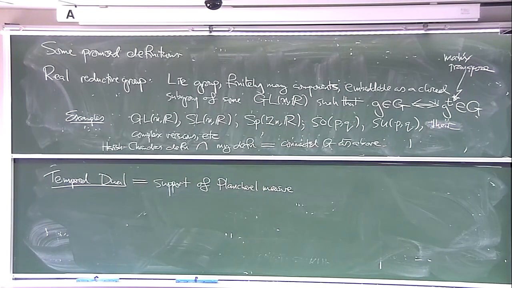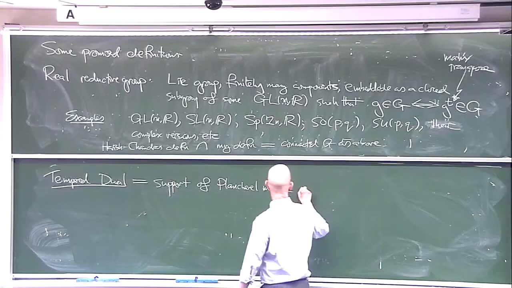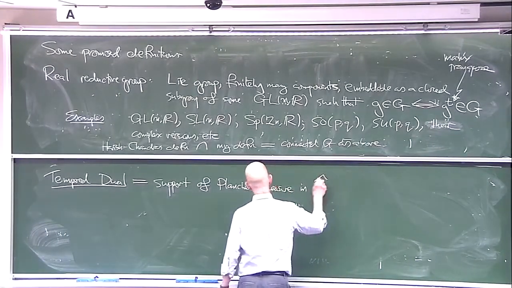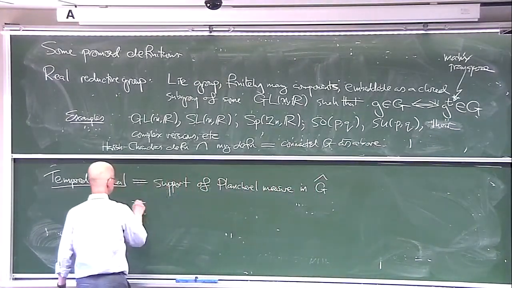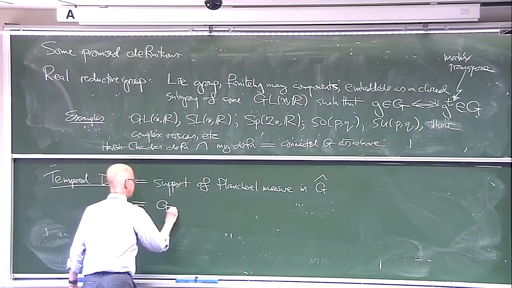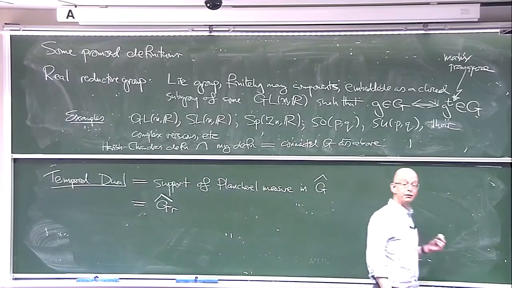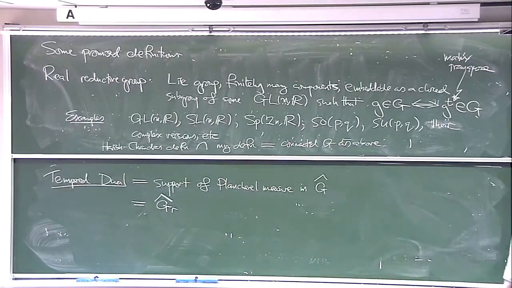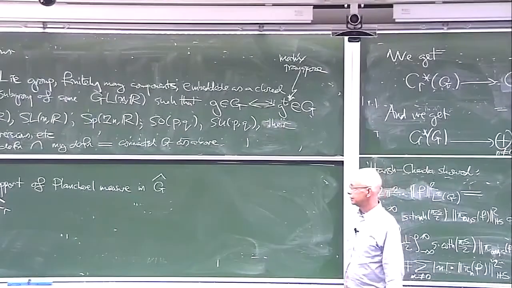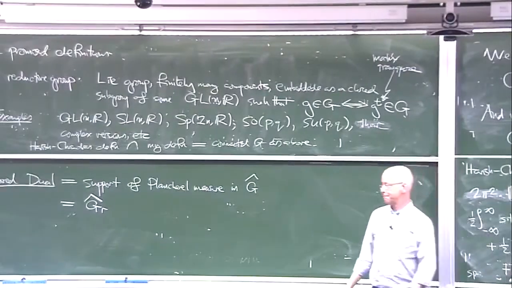So this is a closed subset of the unitary dual. For the groups that we're considering here, this is exactly the set of irreducible representations of the reduced C-star algebra. In other words, the spectrum of the reduced C-star algebra. So it's exactly what we've been talking about.